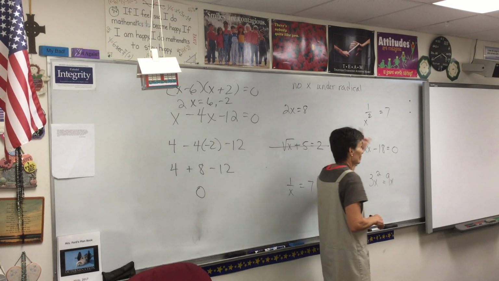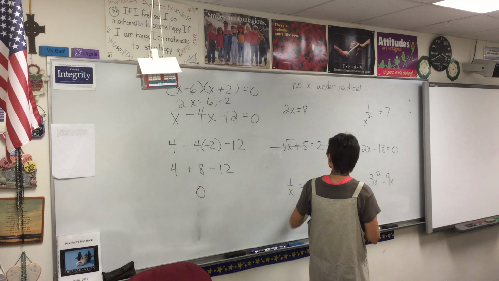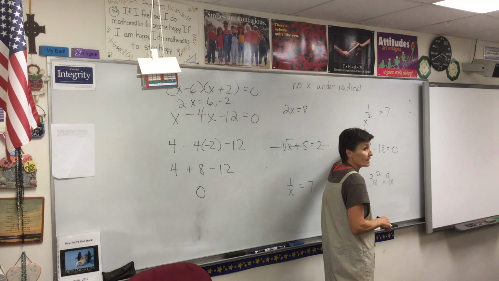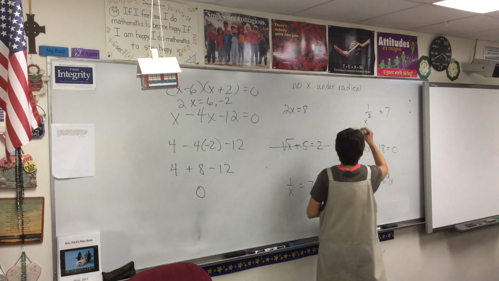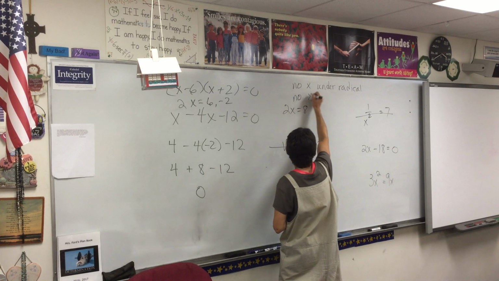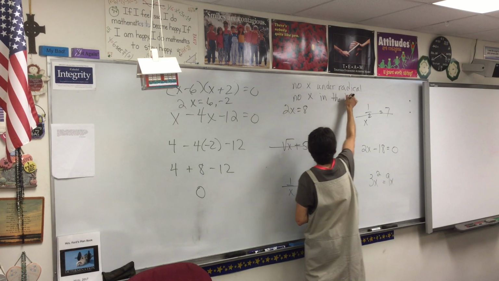I was gonna say this one here? Yeah. No, not linear. This one is not linear, and this one is not linear because you can have no x in the denominator.